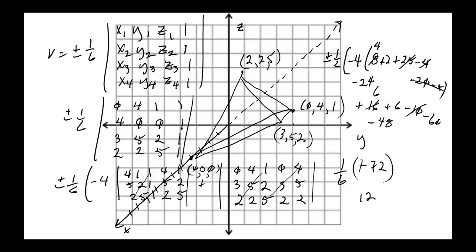Wouldn't that be a positive 12? They should have a negative 1/6 in the solution there rather than 1/6. I don't know what negative volume is, so let's not draw one.